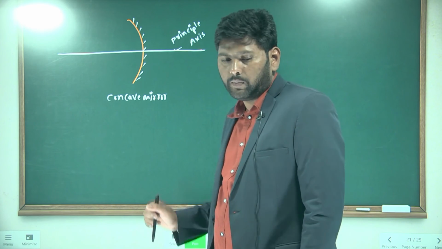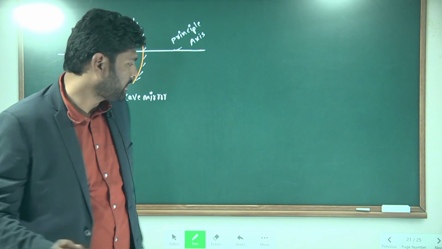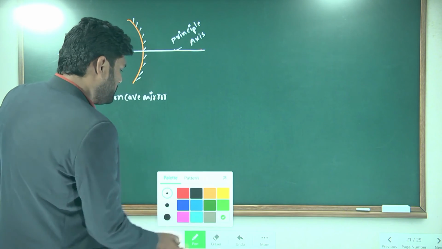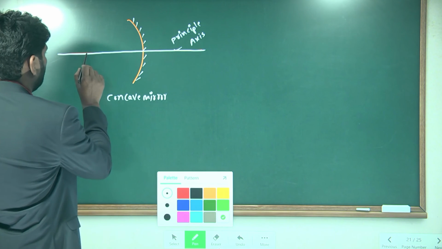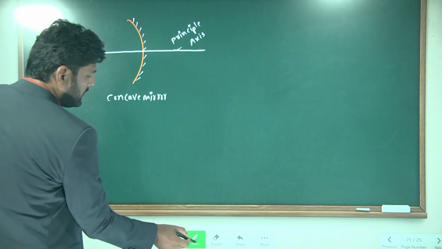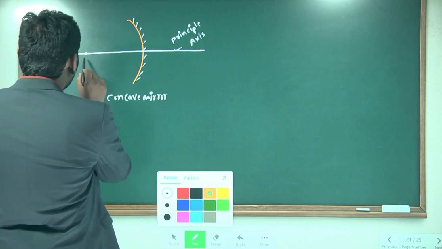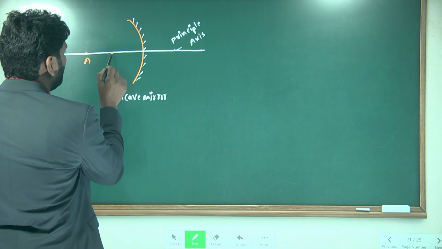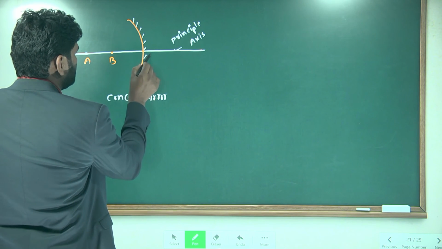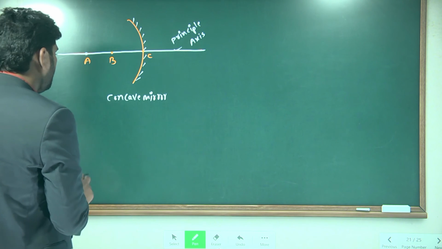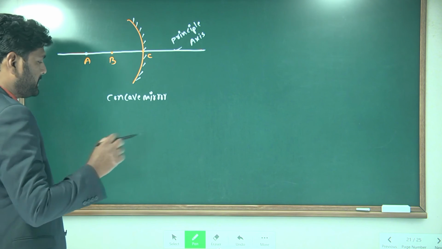And one more thing: I'll give some points here. This point name is A, this point name is B, this point name is C. Now I give the options here.